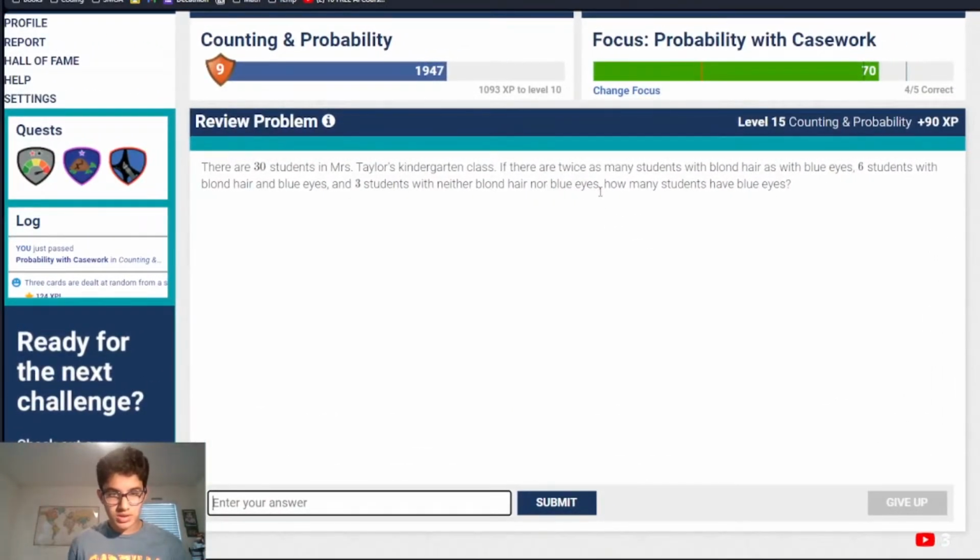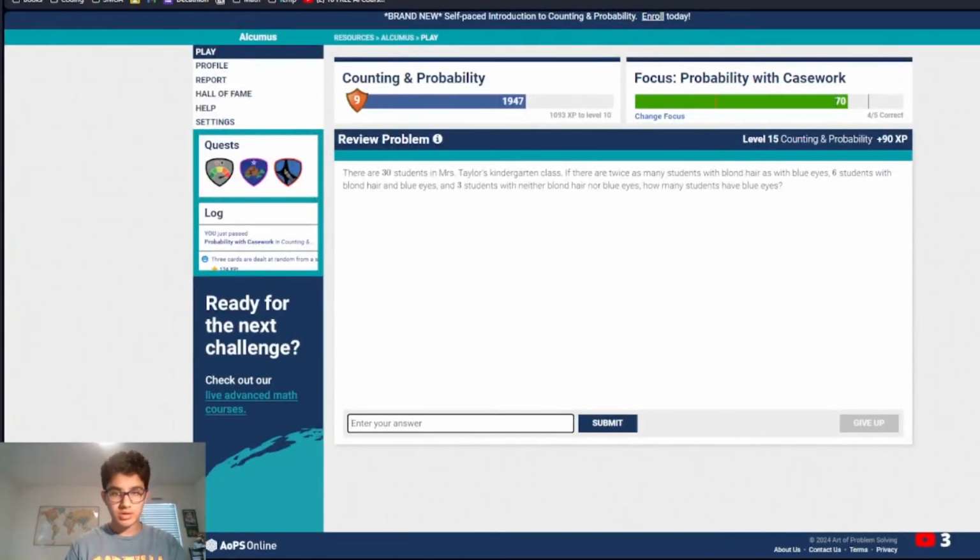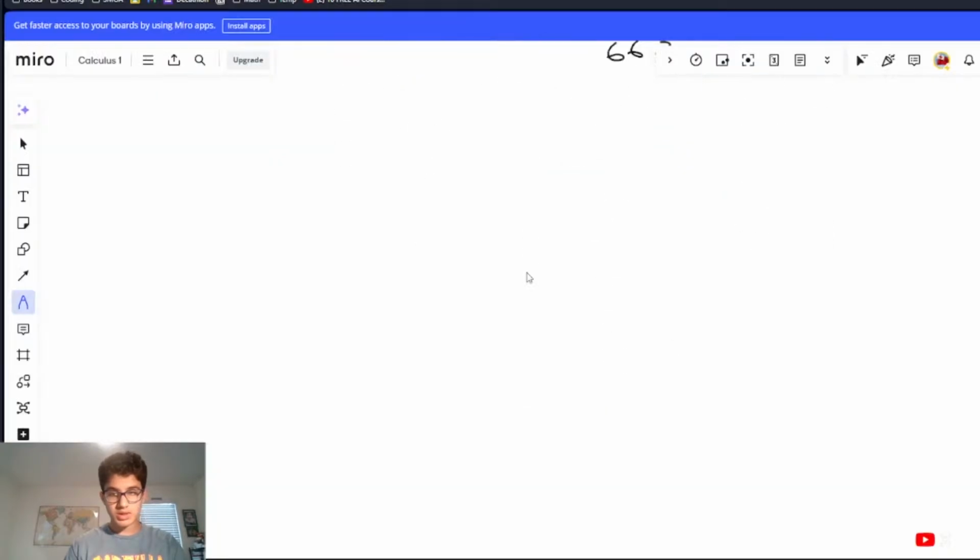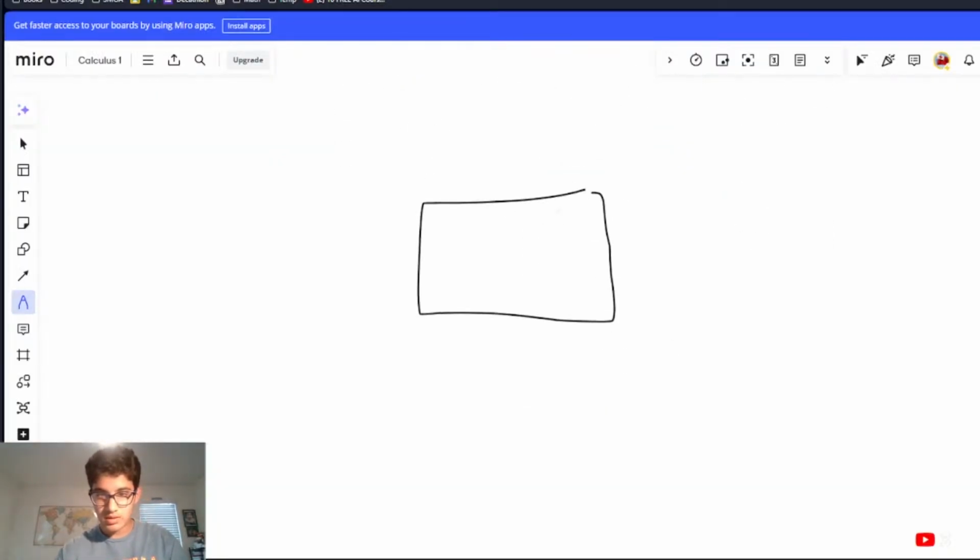Okay, there are 30 students in Mrs. Taylor's kindergarten class. There are twice as many students with blonde hair as with blue eyes. Six students with blonde hair and blue eyes. So basically, we can make a table like this, right? So this is hair. The hair can be blonde or not blonde, and then the eyes can also be blue or not blue.